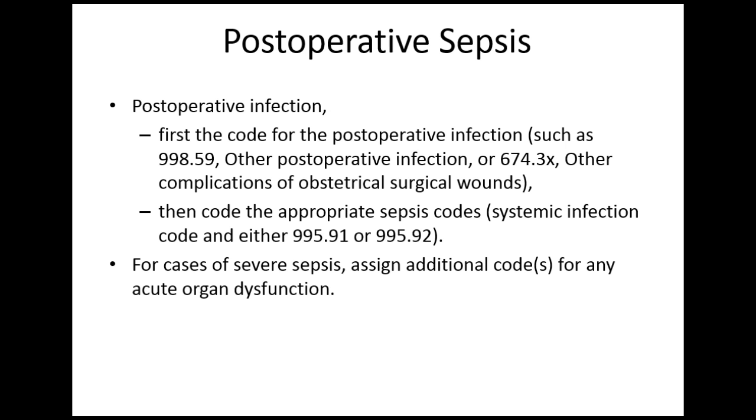For cases of severe sepsis, assign additional codes for any acute organ dysfunction. If the post-op sepsis results in a post-operative septic shock, code also 998.02, post-op septic shock, along with the 995.92. You should note that 998.02 can never be assigned as a principal diagnosis.